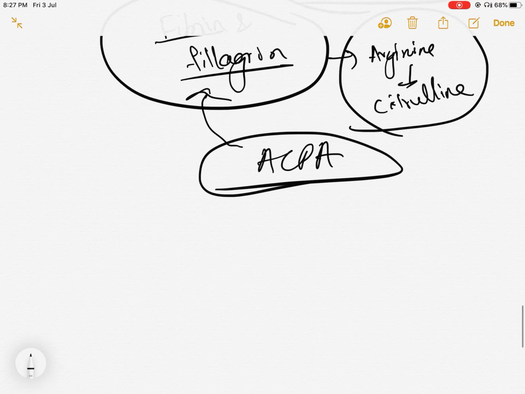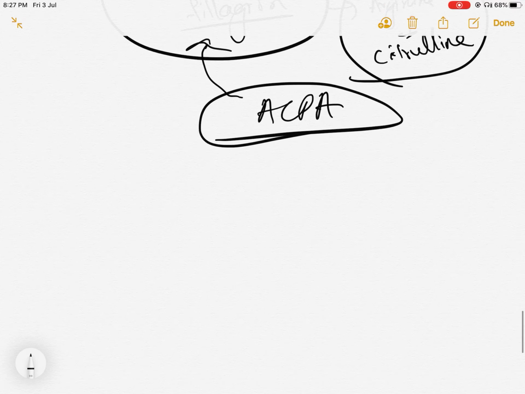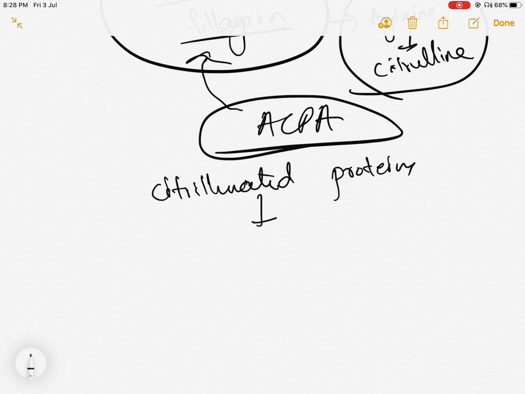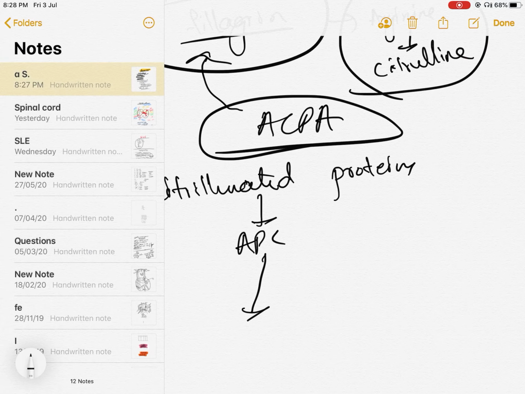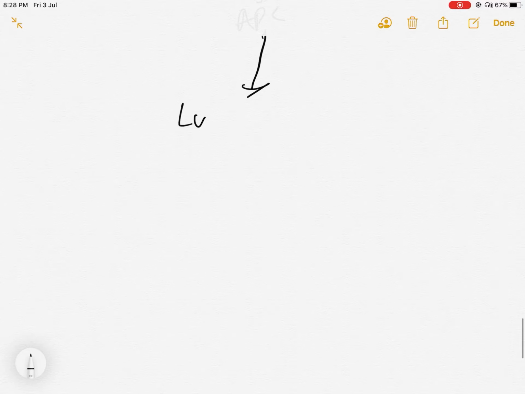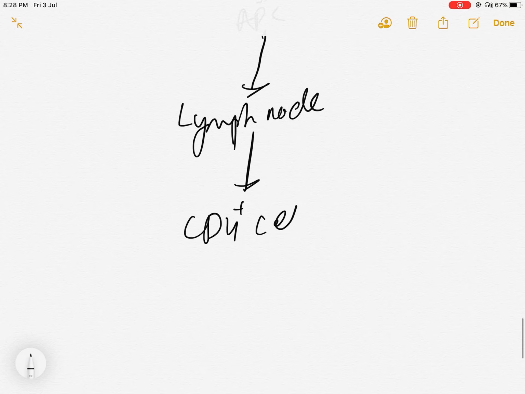Now, once this citrullination happens, the citrullinated proteins are recognized by antigen presenting cells. Antigen presenting cells take up this protein and go to the lymph node. In the lymph node, they present it to CD4 plus cells.